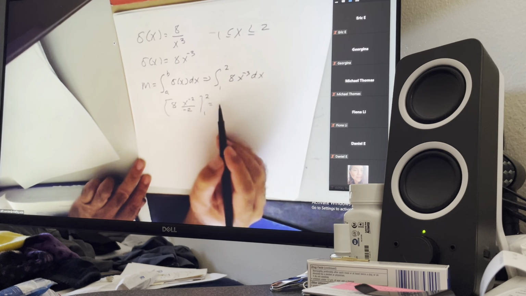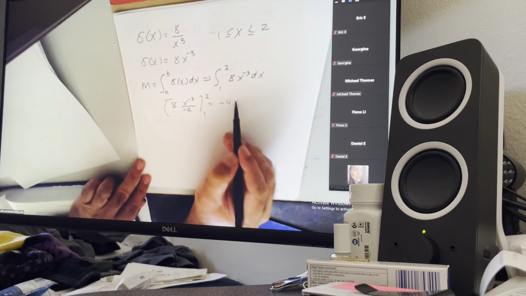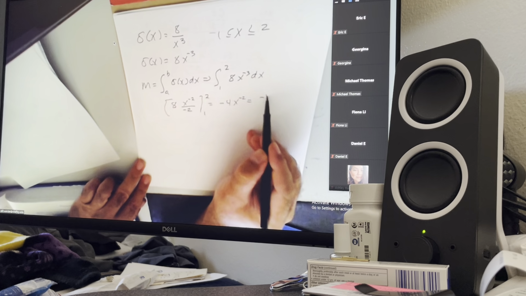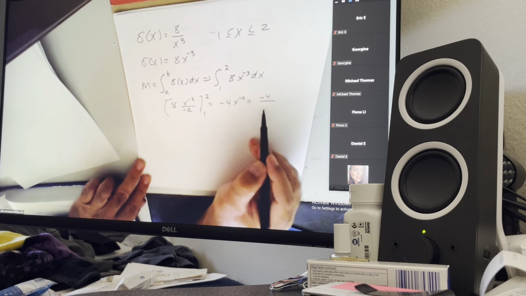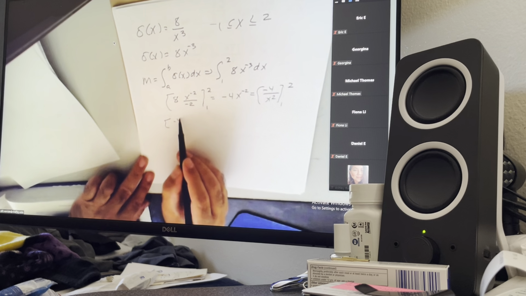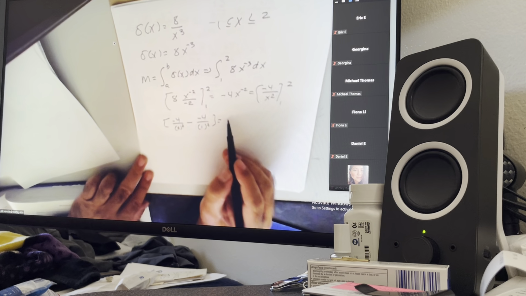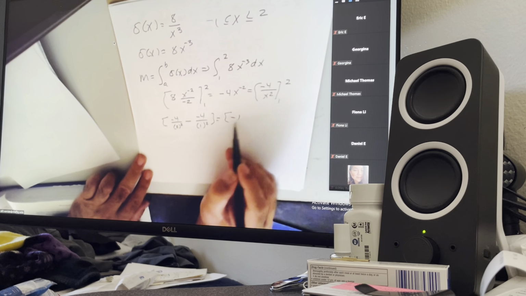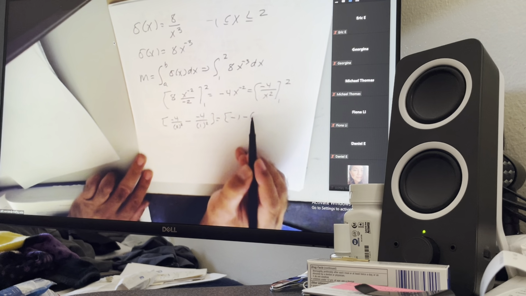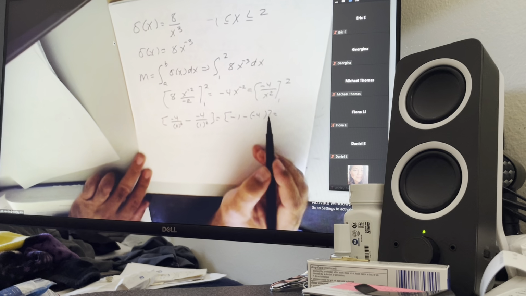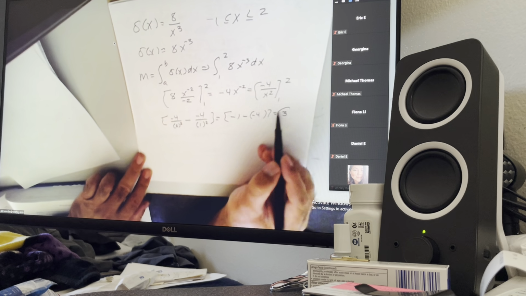This is the same as -4x to the -2, or -4 over x squared, and you can apply 1 to 2 here. So this will be -4 over 2 squared, which is 4, so -1, minus -4 over 1 squared, and the negative of -4 gives you +3.